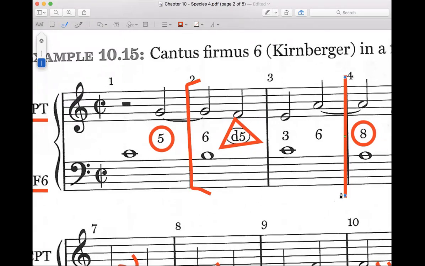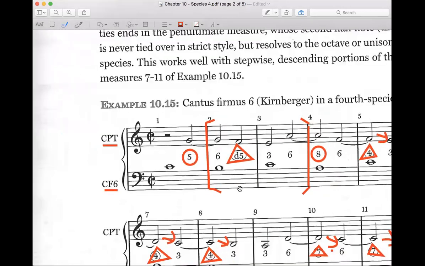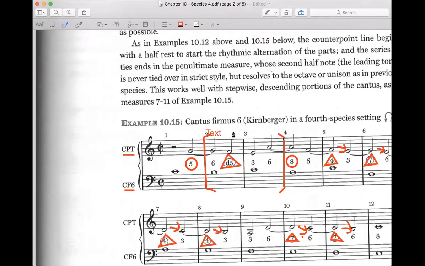In fact, this is a great thing about operating in species 4, is that if you get stuck or if you need a little bit of variety, you can do what's called breaking species. Breaking species equals going to species 2.